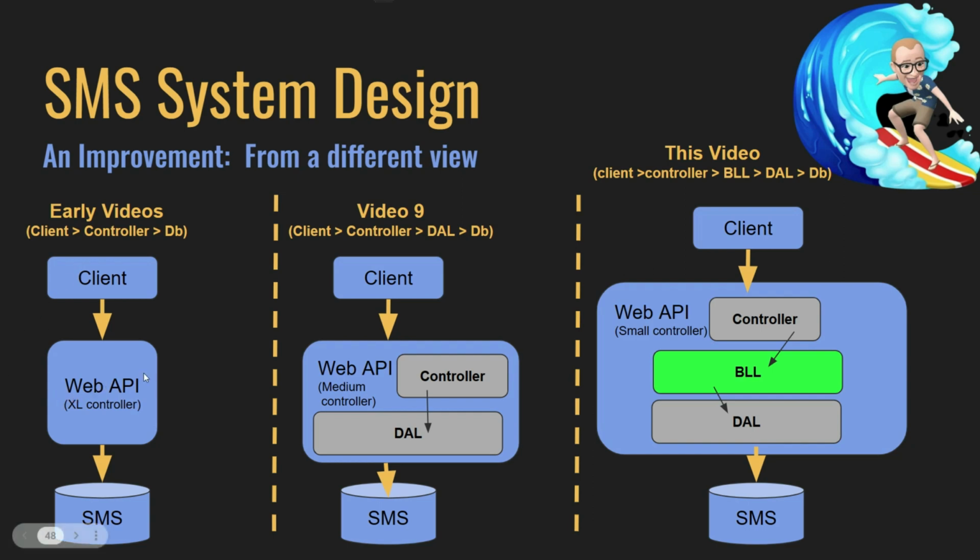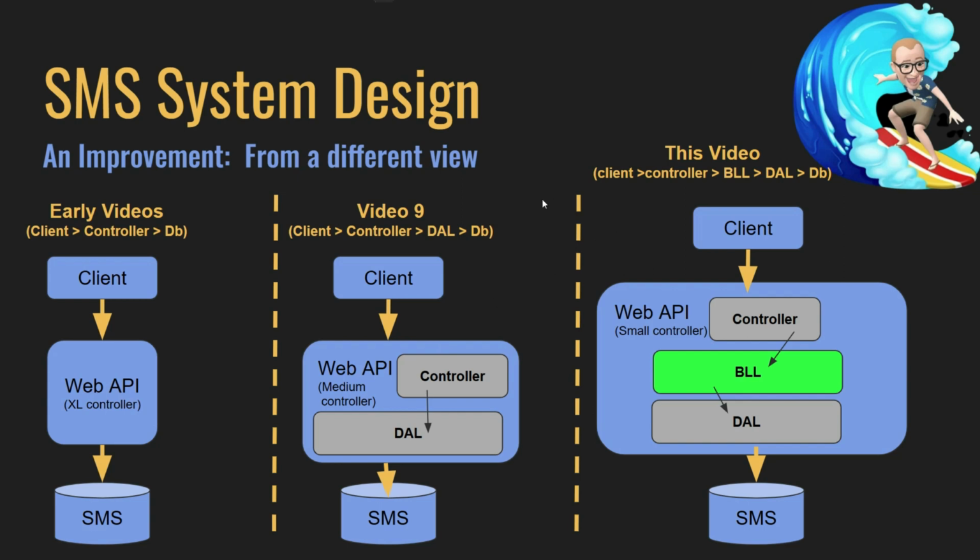The Web API controller method has all the logic in it, so it knows about the database, it knows about any data transfers that it needs to do, it knows how to run the query, and it knows the route as well. And all of that happens in the controller method. So they are extra large or fat controllers that are making the route from client through the business logic to the database and back.